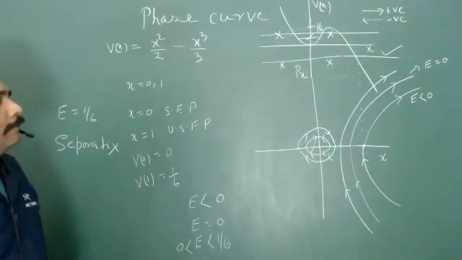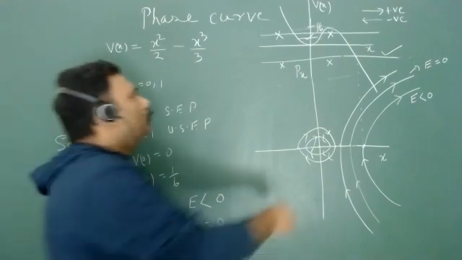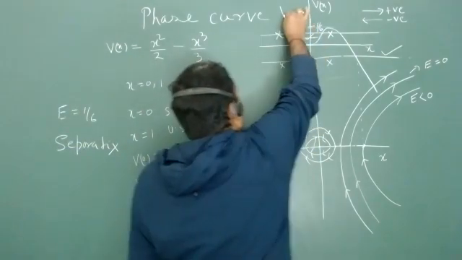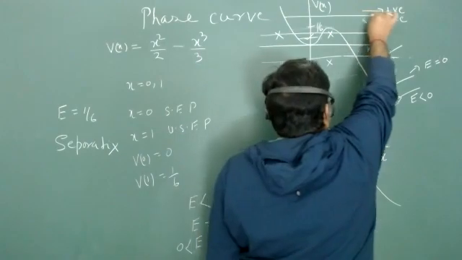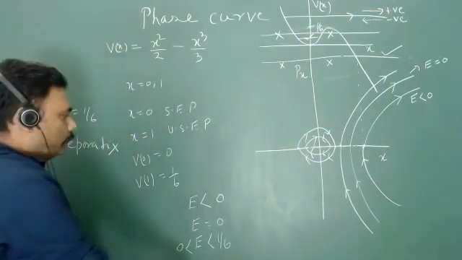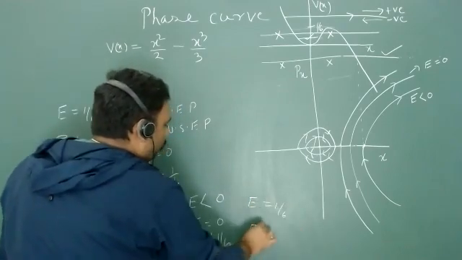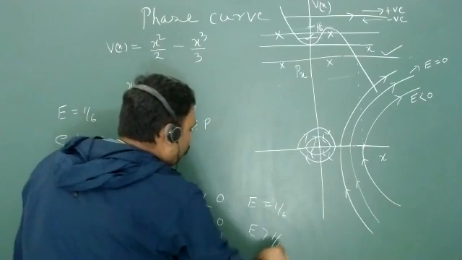So what will happen for energy E equal to 1 by 6? We will plot it in the last. But before that, let us go for energy E greater than 1 by 6.